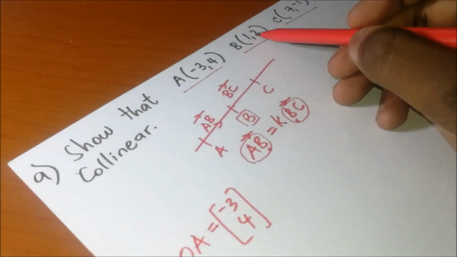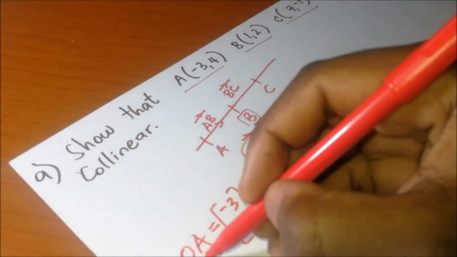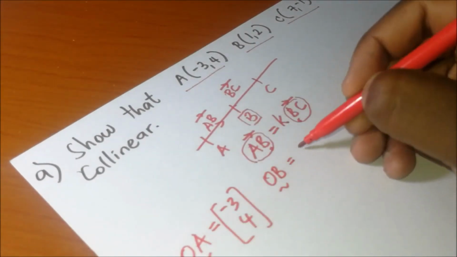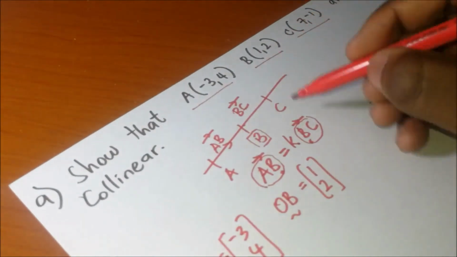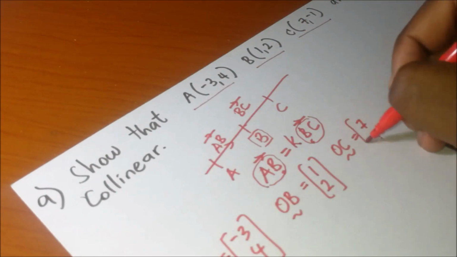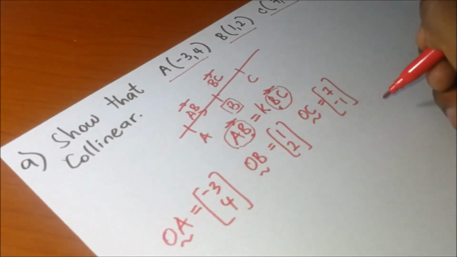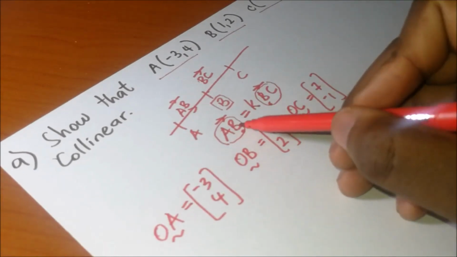Then our B coordinates are 1, 2. It means position vector of B is given as 1, 2. Then position vector C, OC, is given by 7, -1. So after obtaining our position vectors from that, we are supposed to go ahead and find AB.